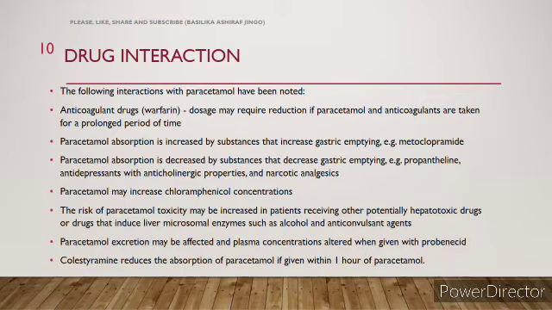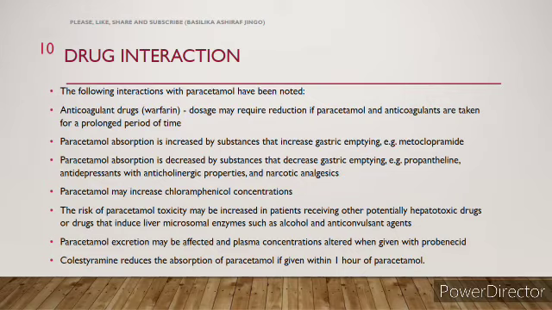Then lastly is cholestyramine. It reduces the absorption of paracetamol if given within 1 hour of paracetamol. This is a drug which is used to prevent reabsorption of bile. So meaning it is given to increase the excretion of bile within the body.